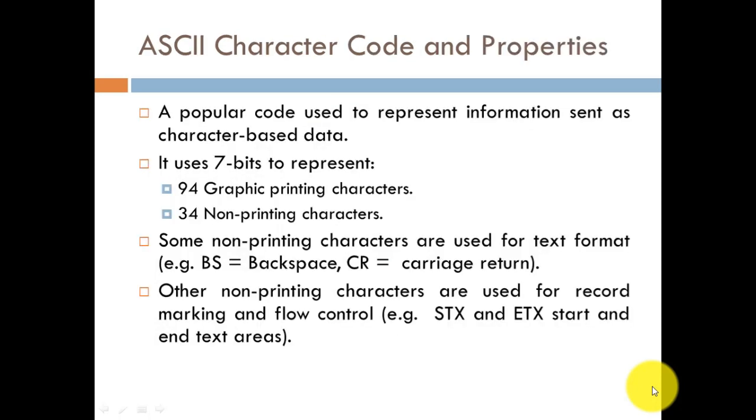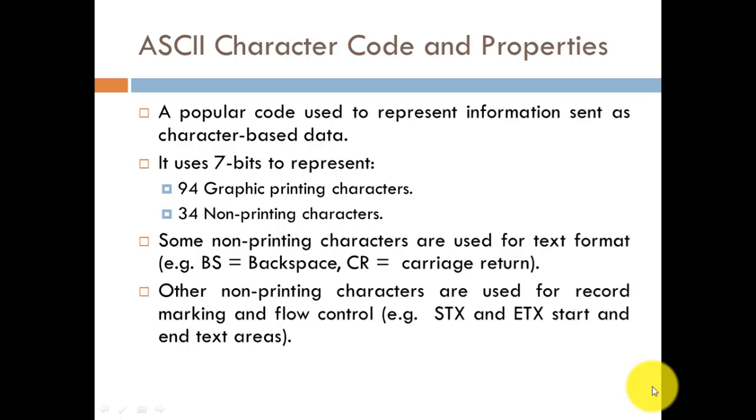ASCII code is a very popular code which is used to represent information sent as character based data. It uses 7 bits to represent 94 graphic printing characters, which we can easily print with the help of the keyboard, and 34 non-printing characters. Some non-printing characters are used for text format.